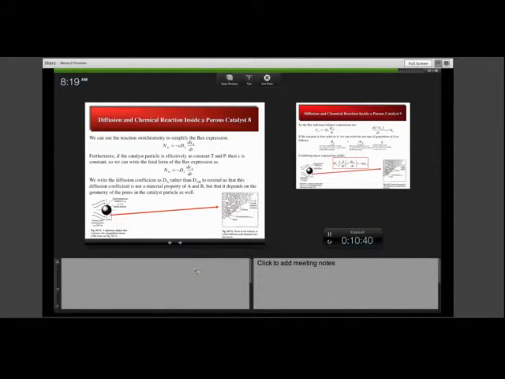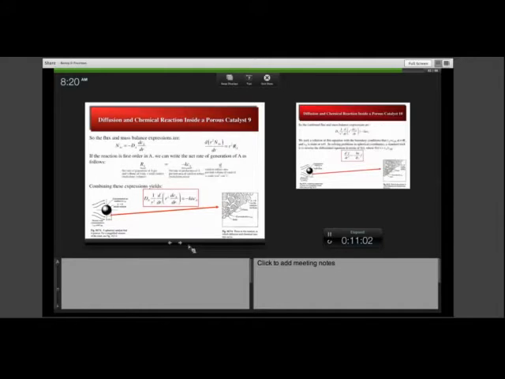If the catalyst particle is effectively at constant temperature and pressure, then the molar concentration is also constant, and we can write this expression as minus diffusion coefficient times dCA/dr. Now, I have dropped the B off the diffusion coefficient here, and that's not a typo. That's done explicitly to remind us that this flux is an average flux over a small volume at a given point R, radial position R inside that catalyst particle, and as such, that diffusion coefficient is an effective diffusion coefficient.